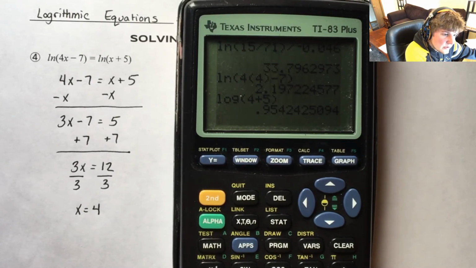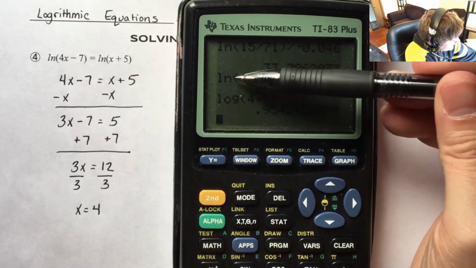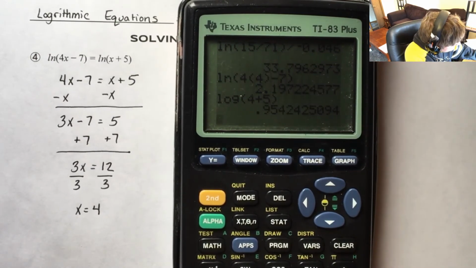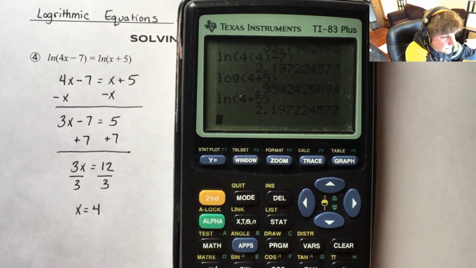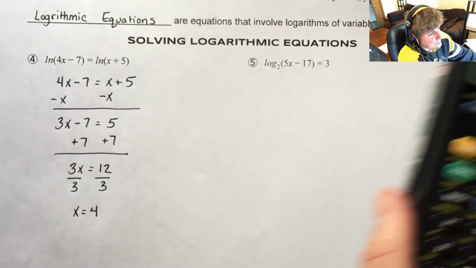So we had to have made a little bit of a mistake here. Oh, and if you can see when I plugged it in, I went natural log here, and this is log base 10. So let's actually try the natural log of 4 plus 5. And then we get that same number.